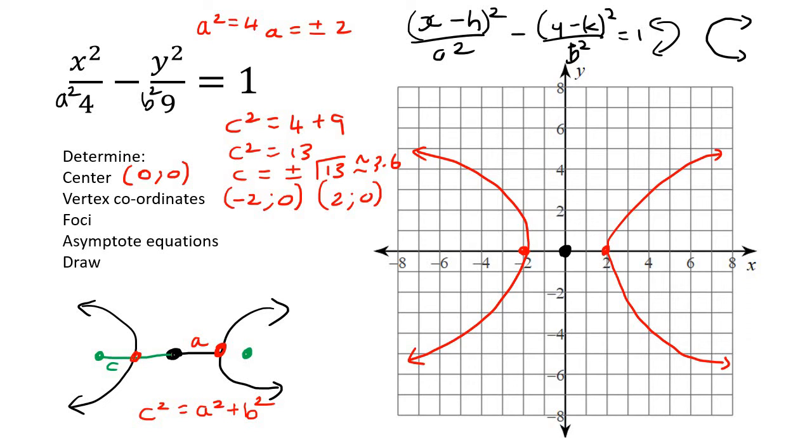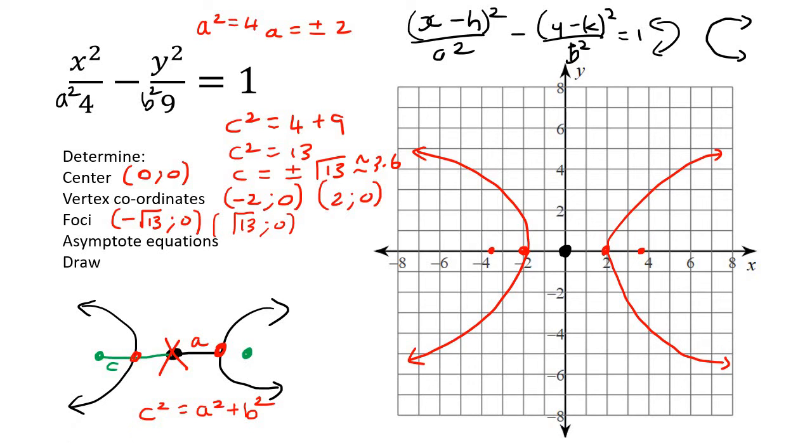That means the length from the center to the left and to the right will be 3.6 units. So I go 3.6 to the right and 3.6 to the left, and that would be our foci. The coordinates of the foci are negative square root 13, 0 for this one, and positive square root 13, 0 for this one.